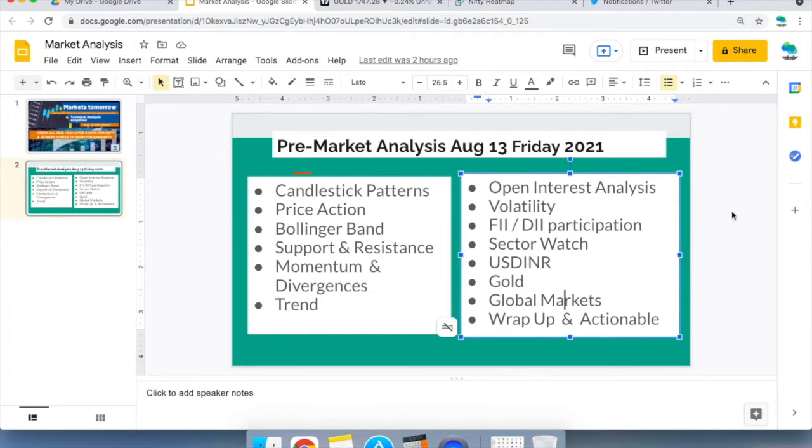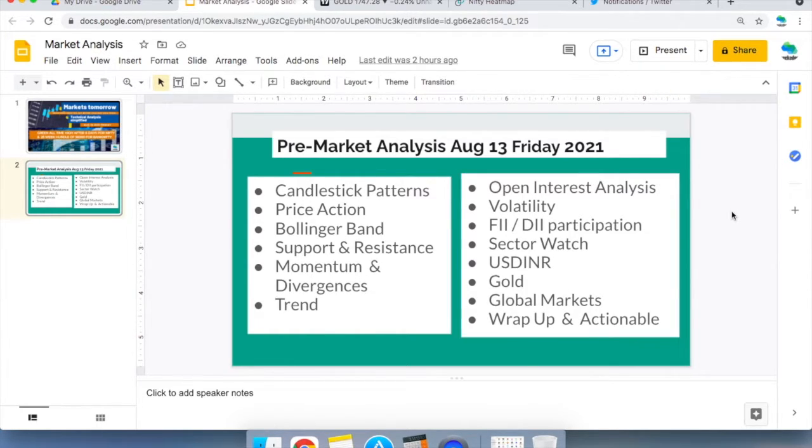Yeah, so just to wrap up, what we can see is that today Nifty performed well. Bank Nifty could not perform that much, but Nifty broke out from a consolidation that happened for so many days. It still has not gained the momentum, although the trend is bullish.